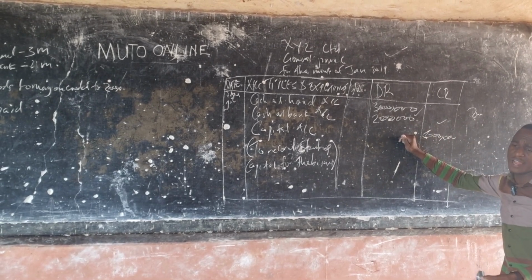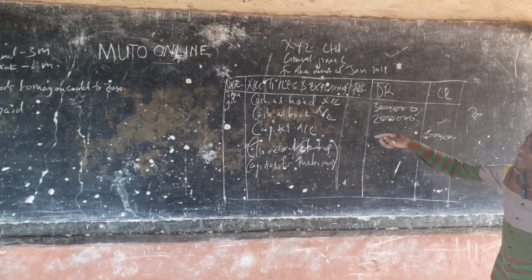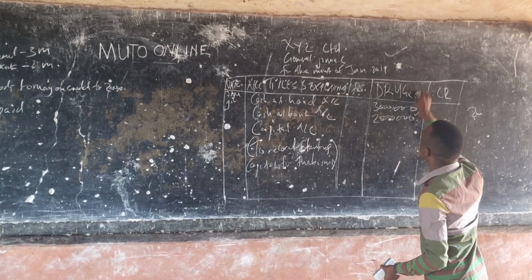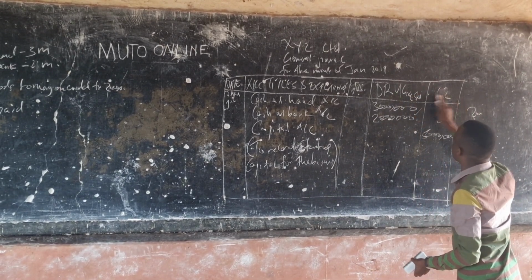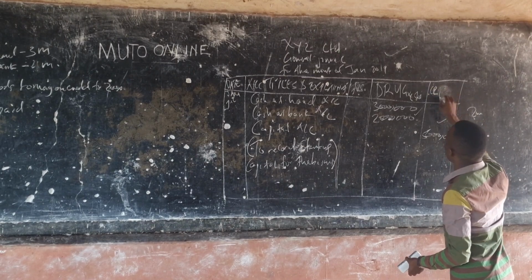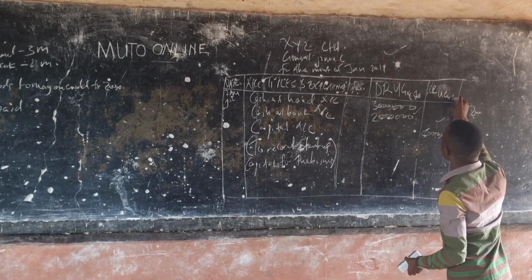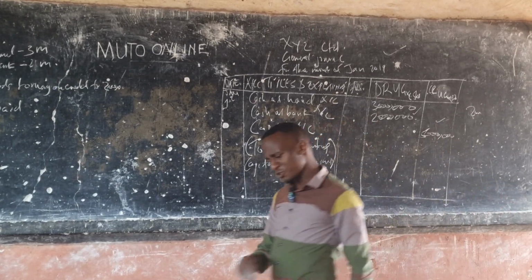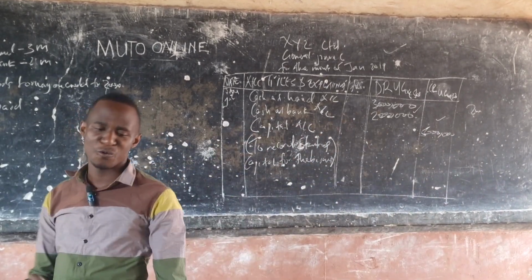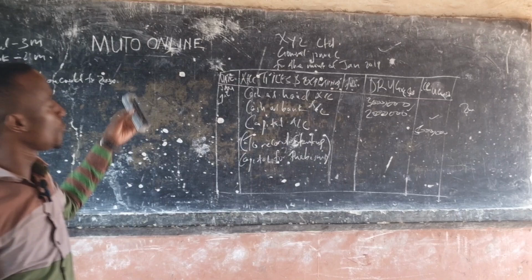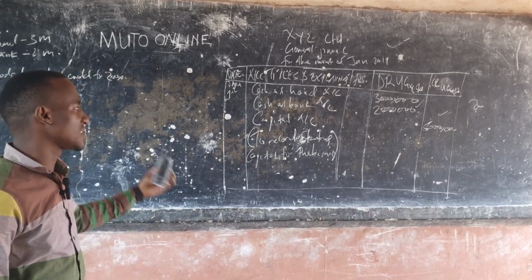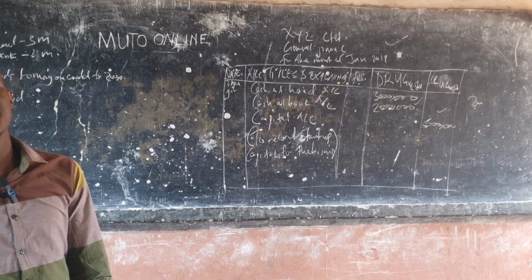Some may give you dollars, but our transactions were recorded in Ugandan shillings. Please don't forget this: Ugandan shillings. In conclusion, this is how we post this transaction in the general journal.